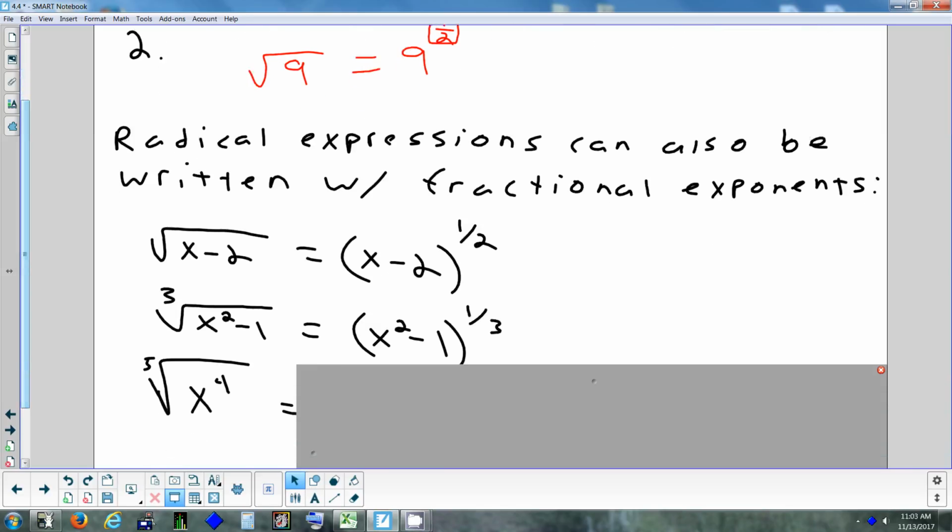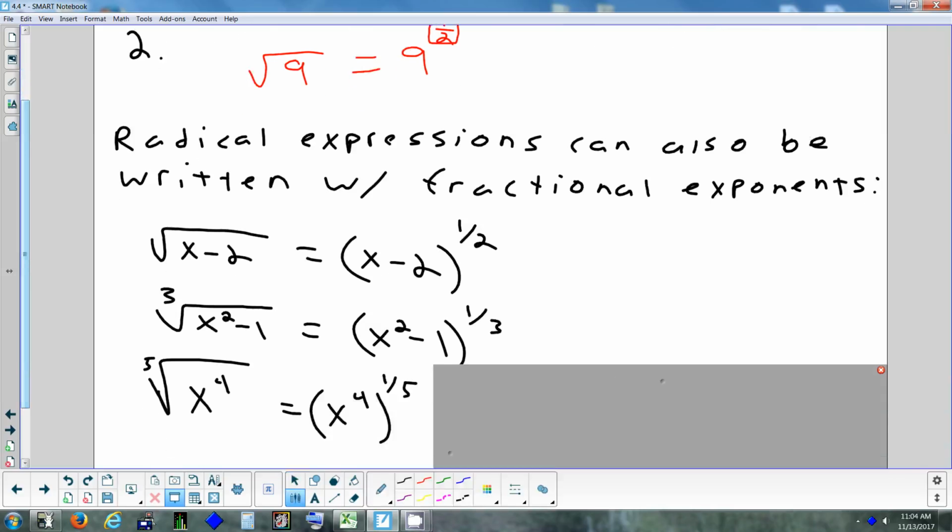So in this last one, 5th root, I can take the radicand, which is what I had under the root, and raise it to the 1/5. Now this last one is a little special because there's something you can simplify. All the other ones had radicands with 2 terms, an x and a -2, x squared and a -1. This one just has x to the 4th. So now we have a rule with a power to a power. Does anybody remember what you do with the 2 numbers?